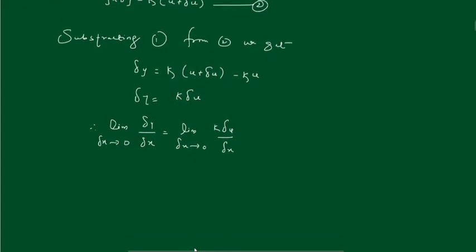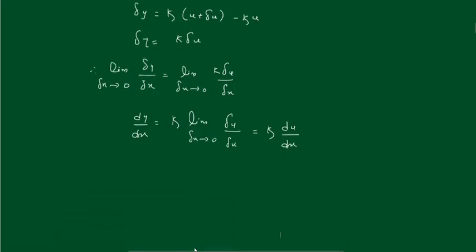After applying limit, we get dy by dx equal to k outside the limit, delta x tends to 0, delta u by delta x, which is equal to k times du by dx.